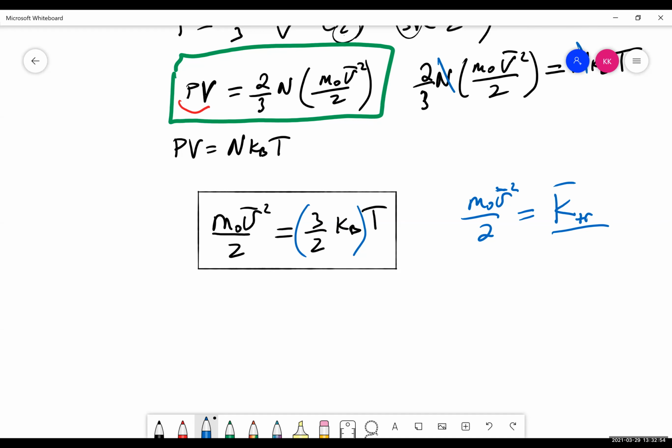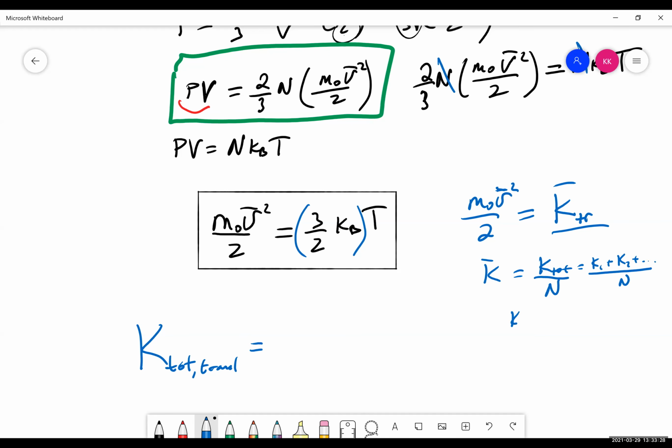Okay. So then let's look at this in terms of the total translational kinetic energy. Remember, this average is the total kinetic energy divided by the number of molecules, which is the kinetic energy of particle 1, kinetic energy of particle 2, and so on, divided by N, the number of molecules.